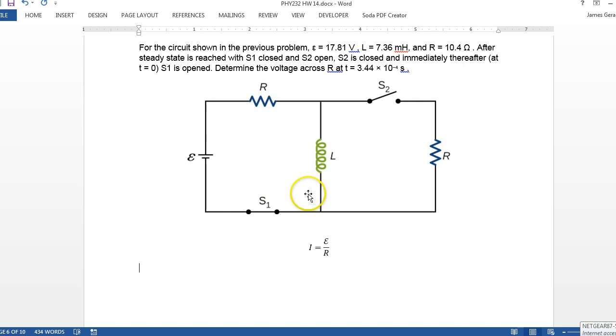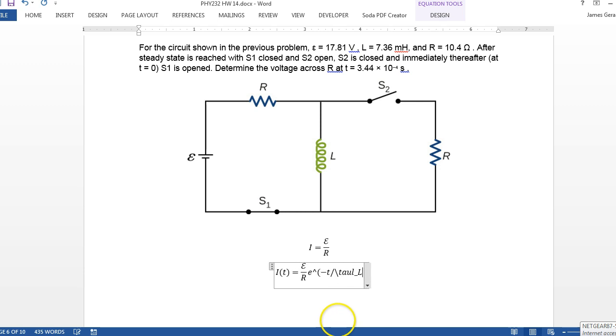What's going to happen, though, is over time, this is going to experience a decay, right? So it's going to start out at this value, but it's going to decay at the rate e to the minus t over tau sub L. It's going to experience this exponential decay, and the characteristic time constant for this is L over R. Remember, inductance is in henries, which are ohm seconds.